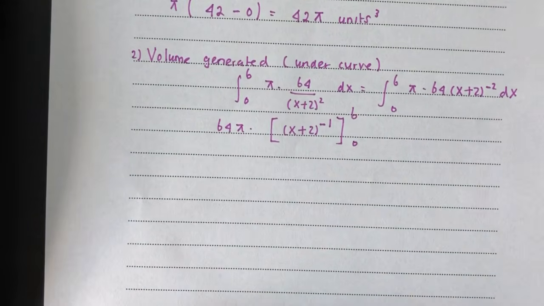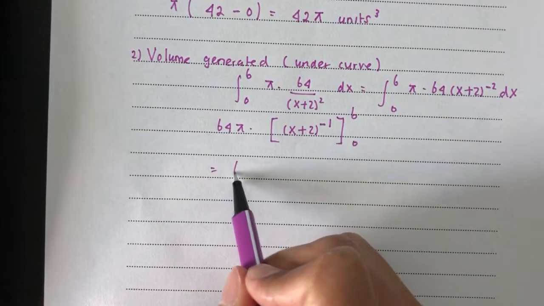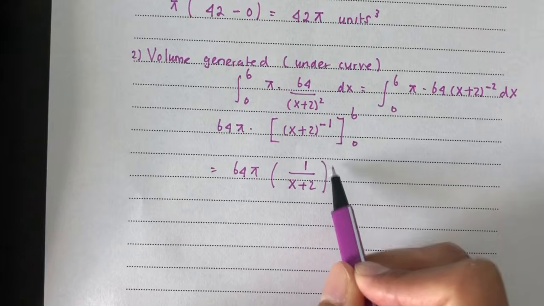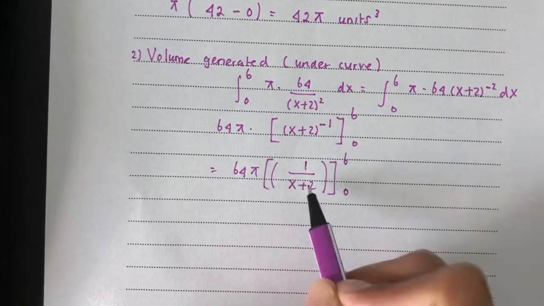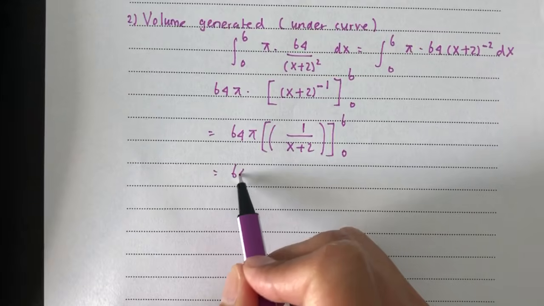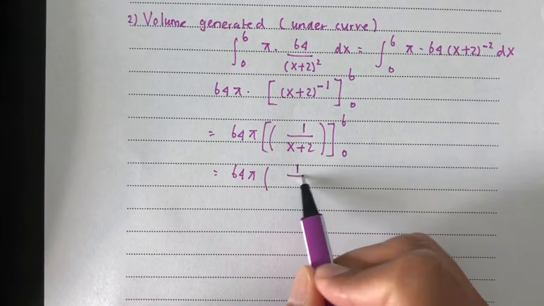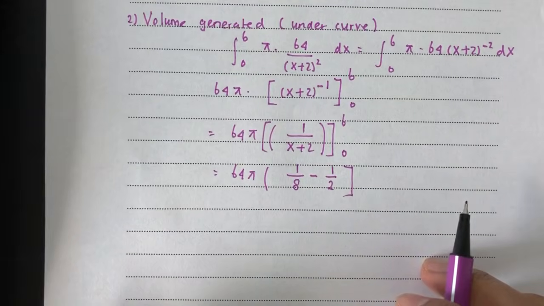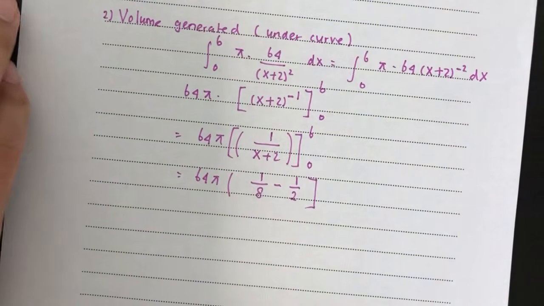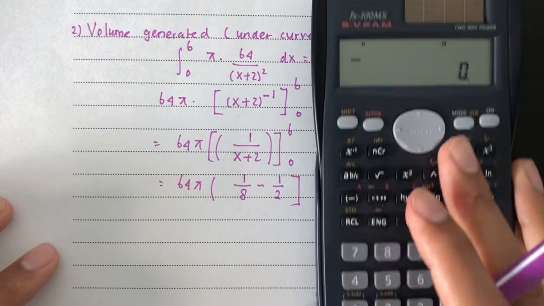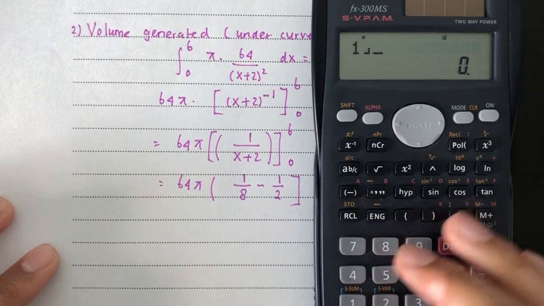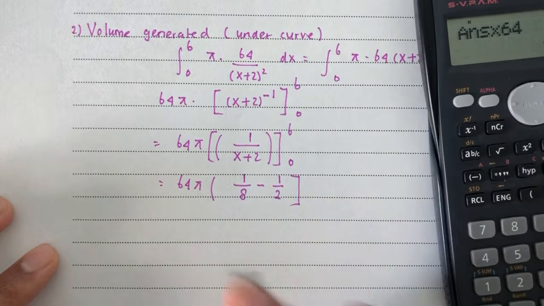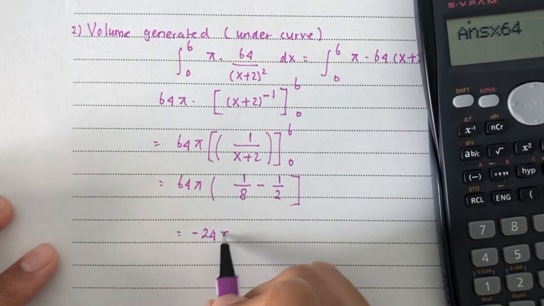So let's see what values we have. We can simplify this still. You will have 64 pi times 1 over x plus 2 between 6 and 0. So let's solve. Now it'll be 1 over 8 minus 1 over 2, times 64, that becomes minus 24 pi.